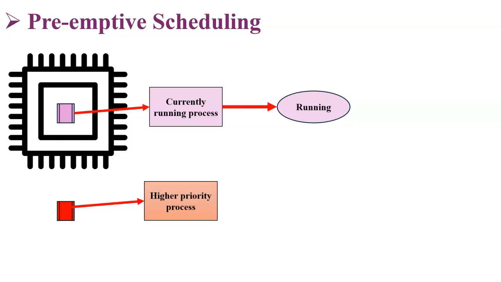Let us try to understand this with a normal real-life situation, wherein we are at some function and we have invited some VIP guests also. When a VIP guest arrives at our function, the highest priority will be given to the VIP person and not to the normal audience.